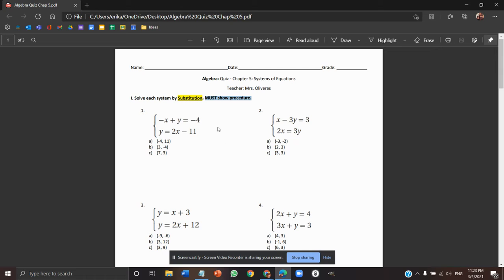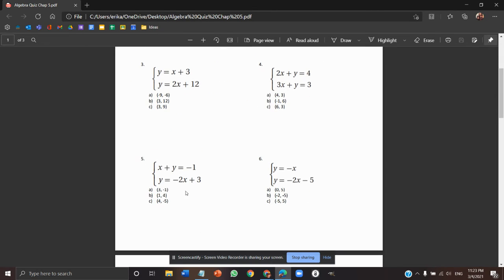That means all the process that you did to solve it. If I do not see the procedure, I cannot give you points for this, because definitely this is a type of exercise that you cannot do mentally.